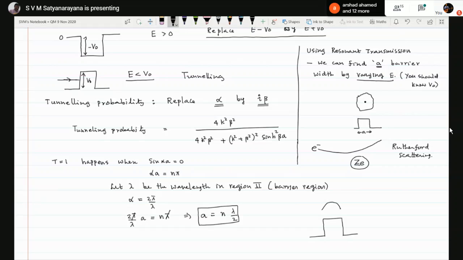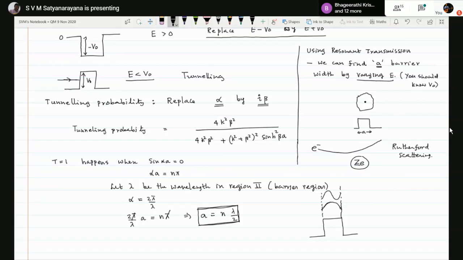Or if you take two half wavelengths, it will be like this, a full wavelength. Now, if you see, these shapes are exactly the wave functions of your particle in a one-dimensional box. In other words, this condition tells you that in this region there will be some kind of stationary waves.